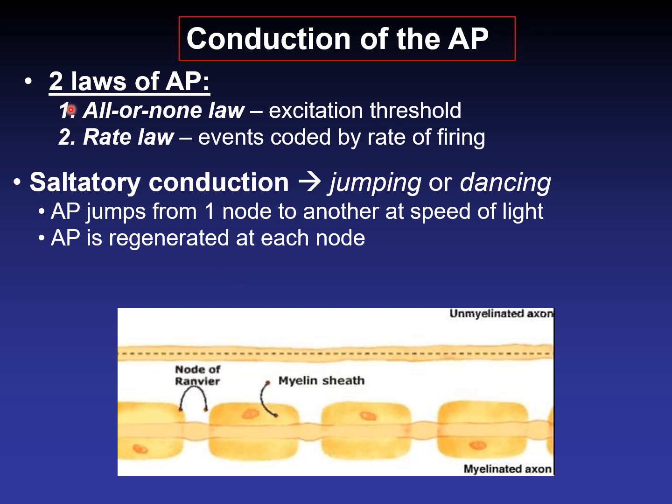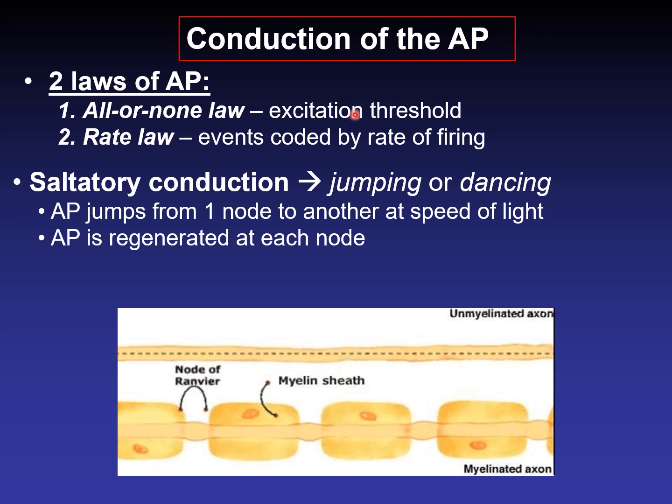Now, back to the two laws of the action potential. There's the all or none law and the rate law. The all or none law is related to the excitation threshold. If you reach excitation threshold, then you get an action potential. If you don't reach excitation threshold, you get no action potential.